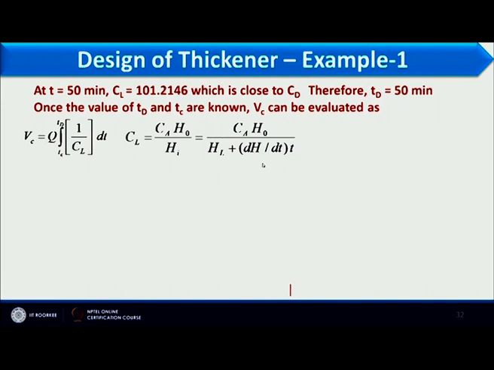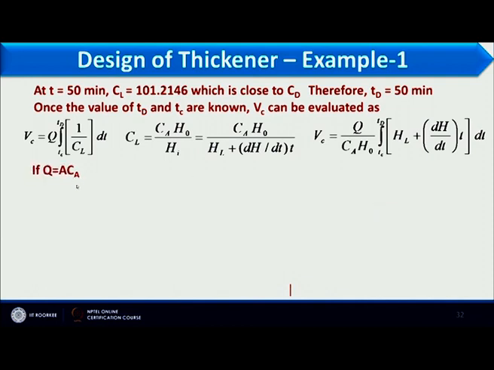After putting these values, HI value we can put over here, which is nothing but the HL plus DH by DT into T. So VC we can find by this expression after replacing Q with A, CA, we have this A by H naught divided by 2 HL dt. HL we have available over here into dt plus HC TC minus HD TD.